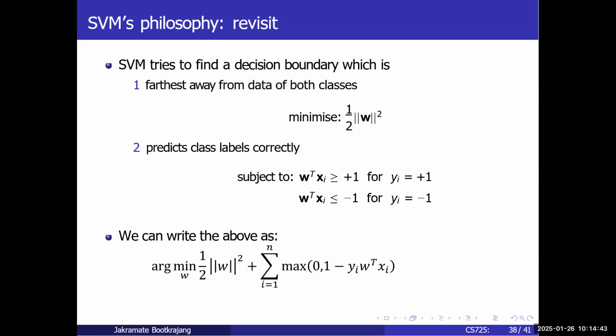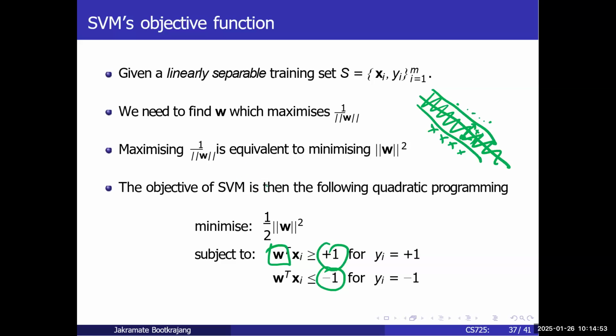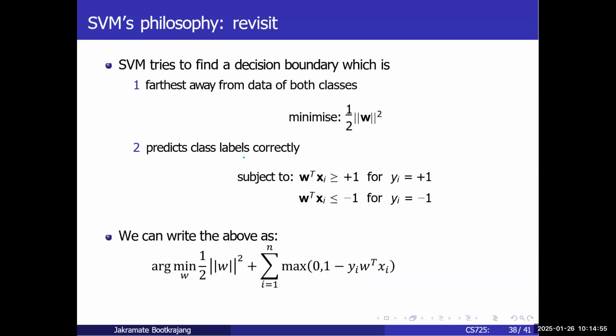So this is called SVM, support vector machine, and this SVM wants to do two things, right? In the objective function, it wants to minimize this expression, right? Now minimizing this expression means that you want to push the point further away from the decision boundary, right?